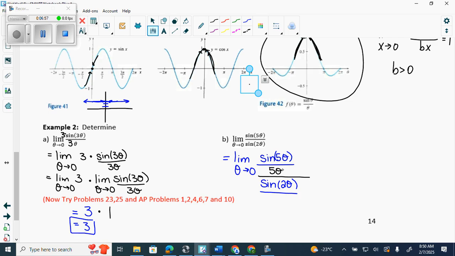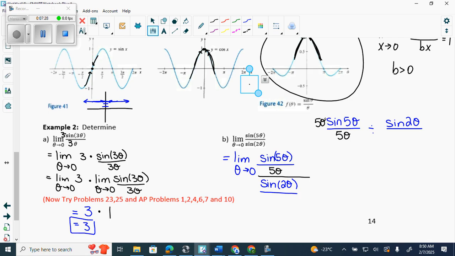Sometimes it's easier to see it if you write it as sine 5 theta divided by sine 2 theta over something, correct? So if I multiply this by 5 theta, do I have to do it to this side as well? If it's sideways, you don't ask that question. If they're side by side, you're like, no, I need to just do it to here, and then I have 1. That 5 theta divided by 5 theta is 1, right? And you know you don't need to do it to that side, if you write them sideways.